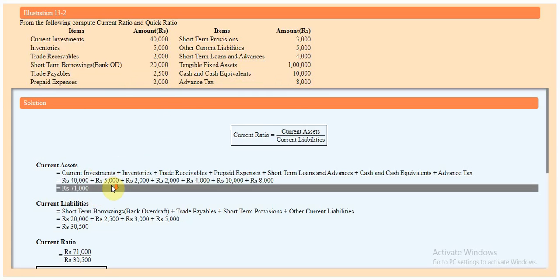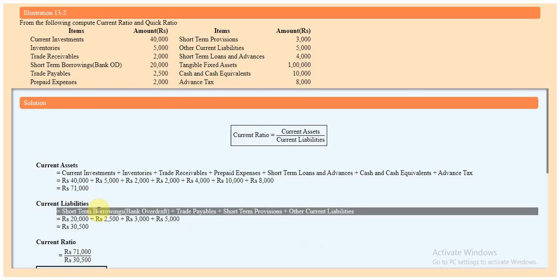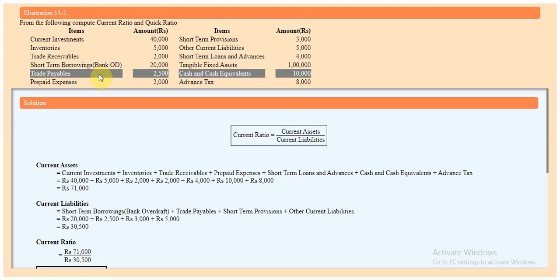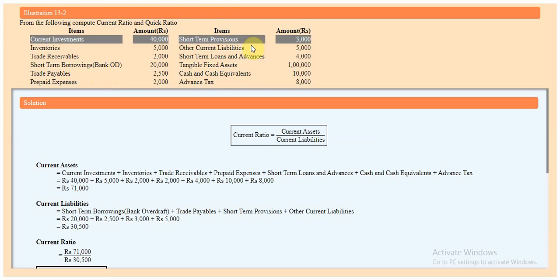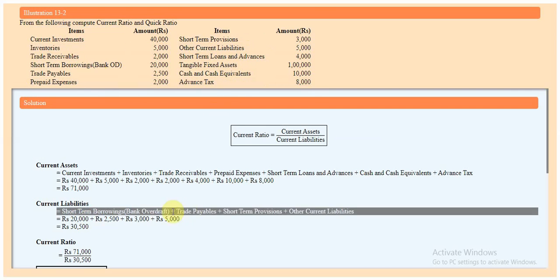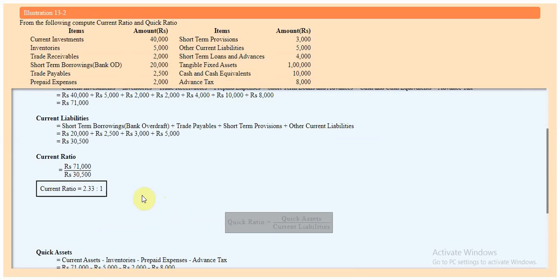Same way for current liabilities, short term borrowings have to be included, then trade payables will be included, short term provisions will be included, other current liabilities will be included, all the others will not be included. So we have current liabilities equal to 30,500.